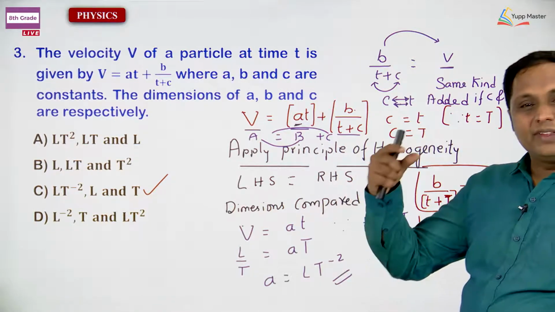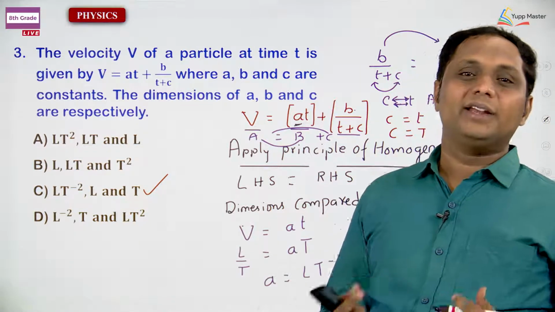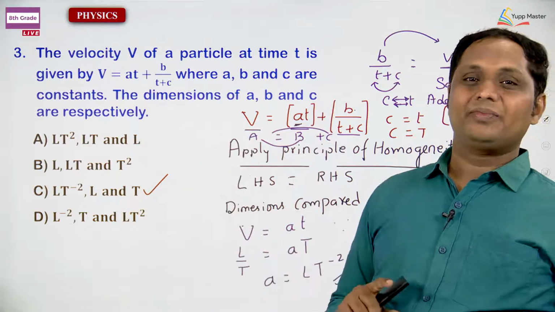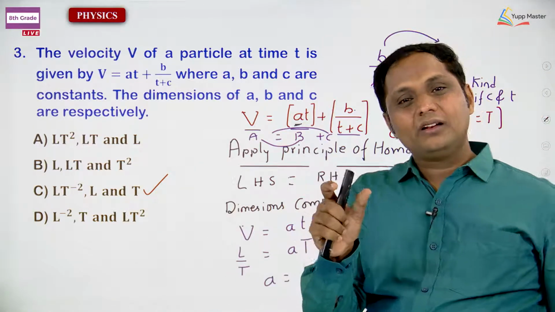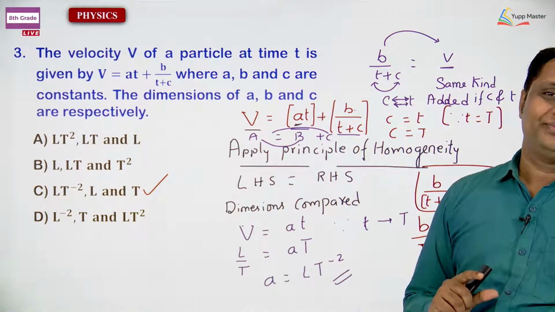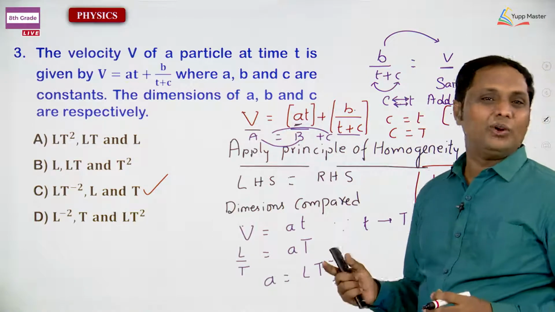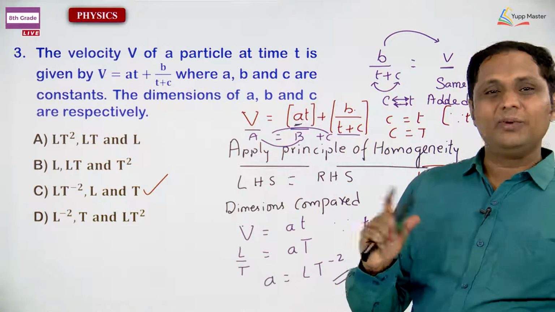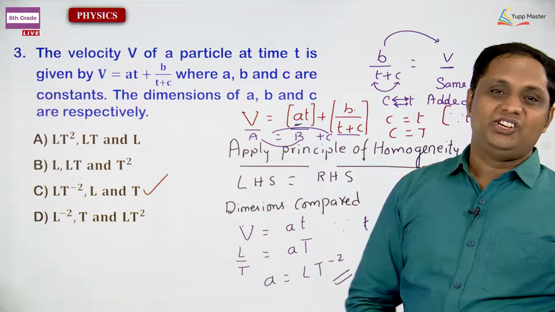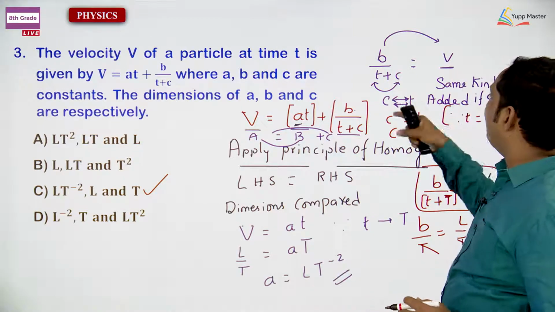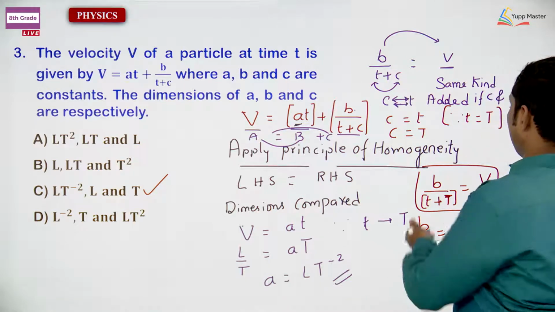If they are the same kind, then it is possible to get that addition. Similar quantities can be added. Dissimilar quantities, if you take two dissimilar quantities, you can't add them, and only then will you express it in the form of addition. It's very clear, we have solved this problem.